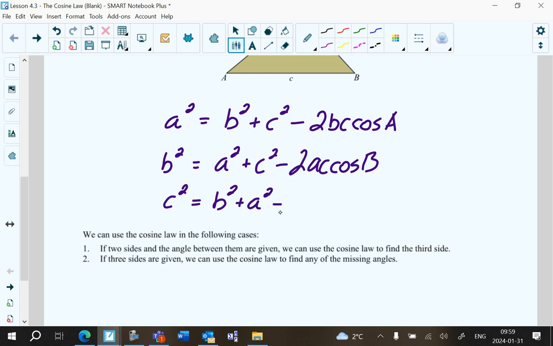Minus 2. Follow the pattern. Why is it 2ba times cos, capital C.